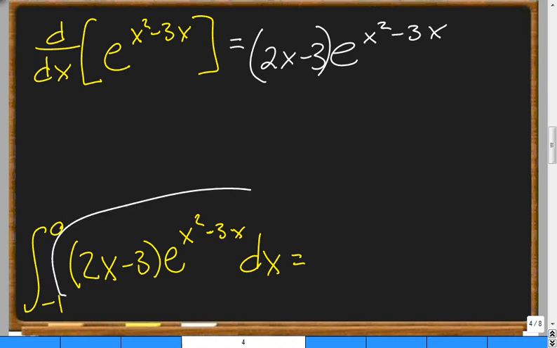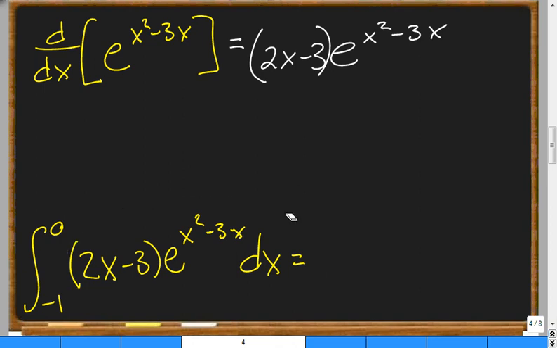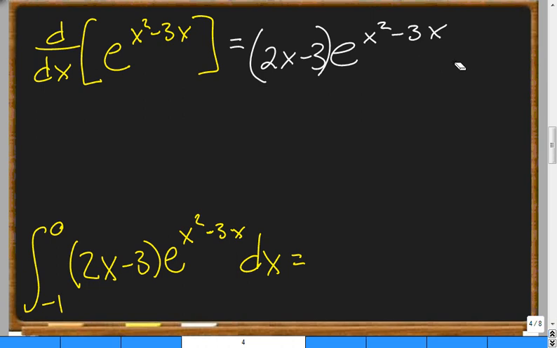Well, how can we use that to figure out what the definite integral is of this? Well, we know that this comes from that. So that is what you would have if you integrated, leaving out the c. But we know that when we do definite integrals, we actually don't even need that.